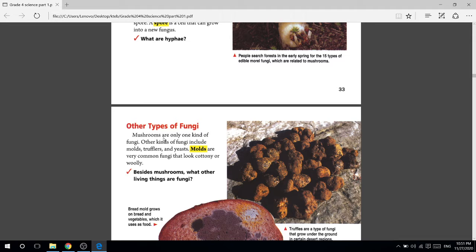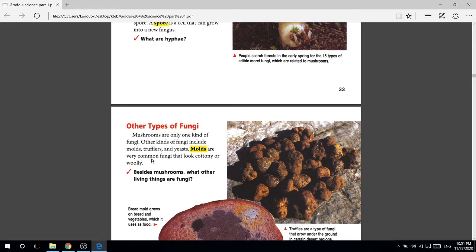Mushrooms are only one kind of fungi. Other kinds of fungi include molds. Molds are also one of the types of fungi. Truffles are another one, and yeasts are also another kind of fungi.